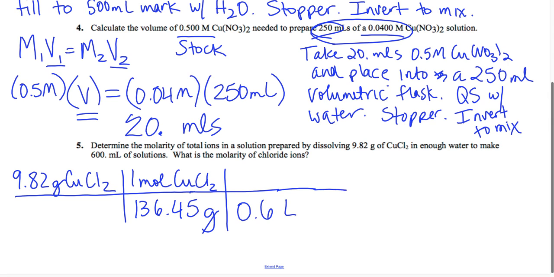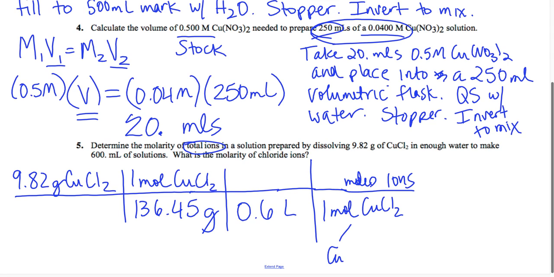Do I want the molarity of just the copper 2 chloride, though? No. I want the molarity of the total ions. That's what the question's asking for, total ions. This sounds scary, but it's really easy. For every 1 mole of CuCl2, how many moles of ions do I have?